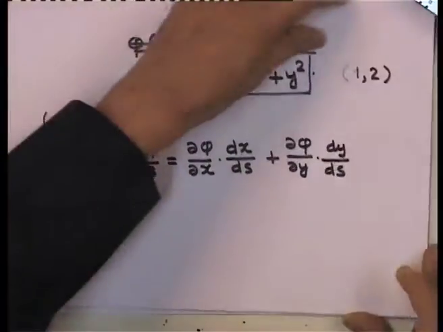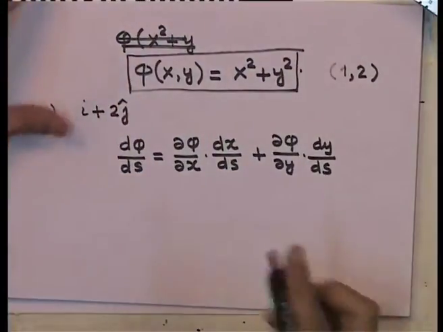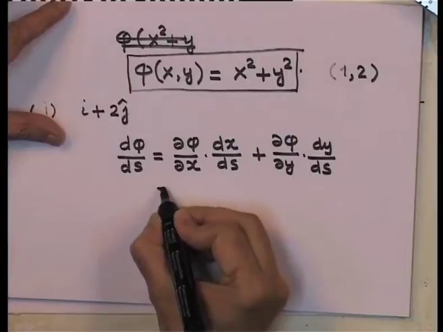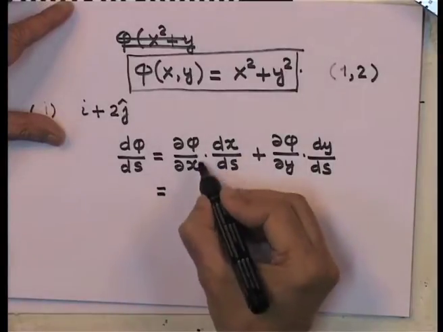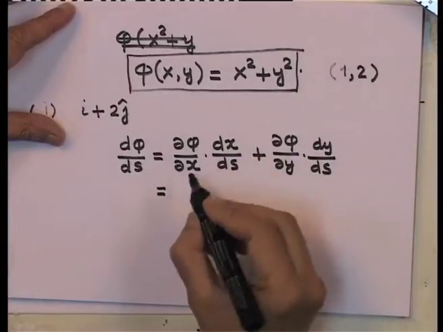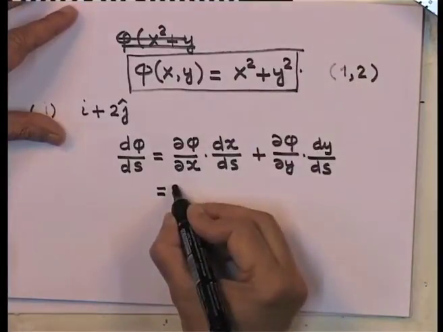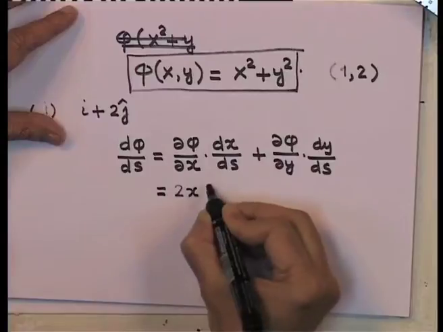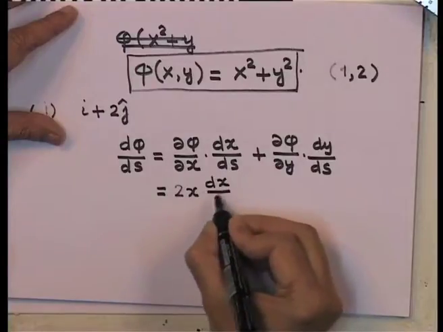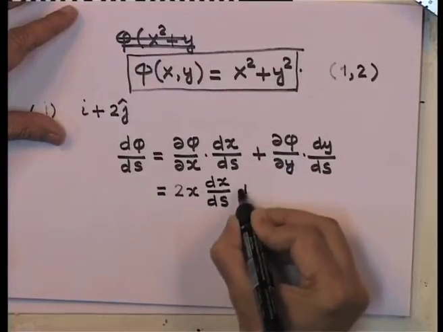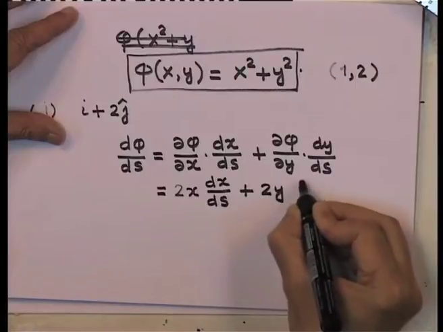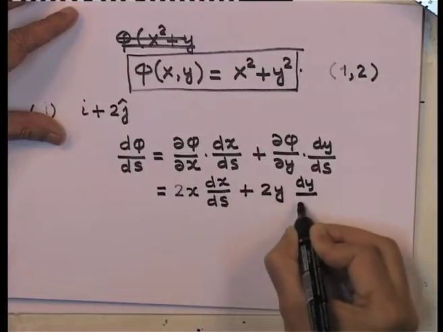I do not have a z component. I told you that partial derivative means treat the other variable as constant. So, y is constant. So, this is nothing but 2x dx by ds plus 2y dy by ds.